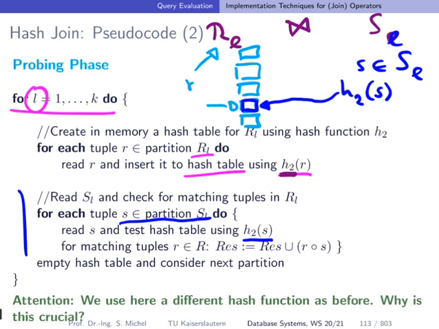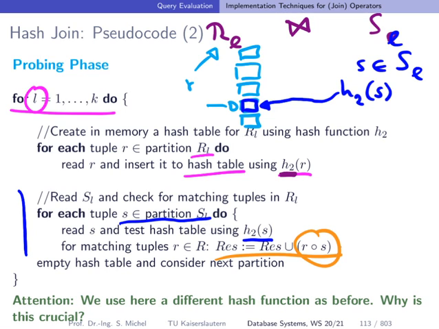And if there is a matching R tuple in this bucket, then we add the concatenation of R and S to our result. Then we empty these buckets and we continue with the next L.